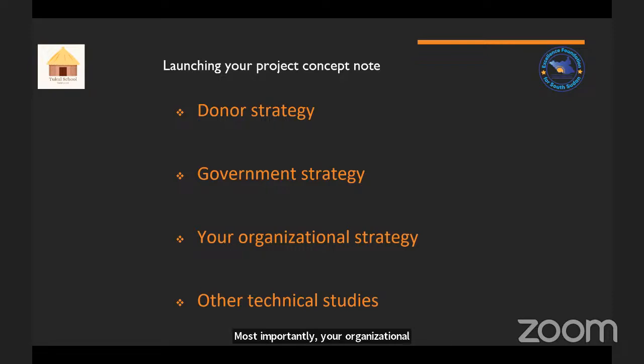I told you yesterday, you could write a very good paper, but when your head of programs looks at it and says, no, this concept note or this proposal does not tie in with our organizational priorities. Hey, why are you talking about livelihoods? We don't do livelihoods. We are education people. As Excellence Foundation for South Sudan, we are looking at education.